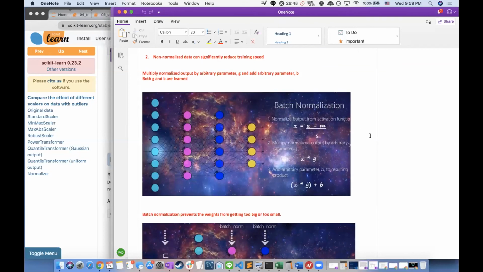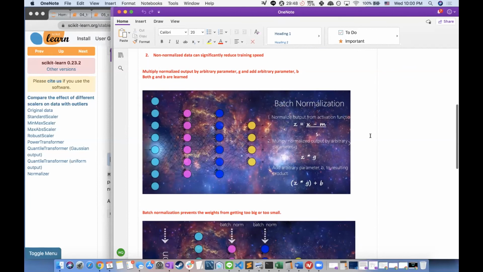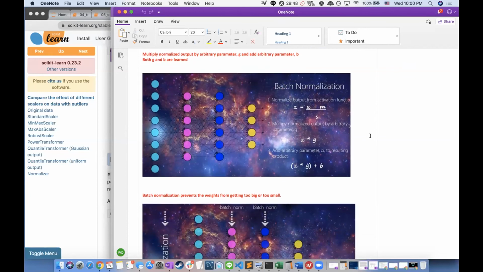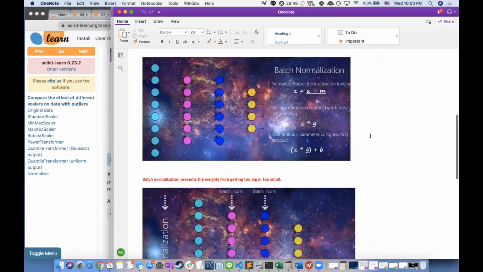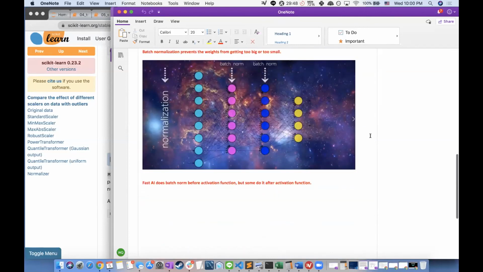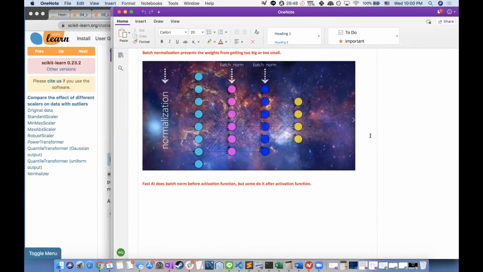And the B and the G are parameters in the model. Are they different for every batch, or are they the same for the entire data set? I'm not 100% sure, but I'm guessing they're different. Anyone knows the answer? Oh, okay.